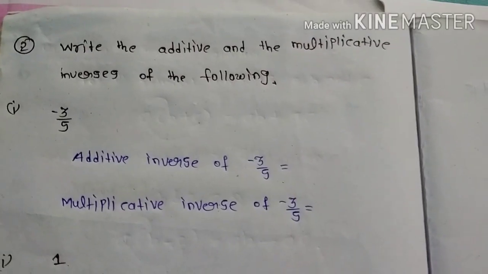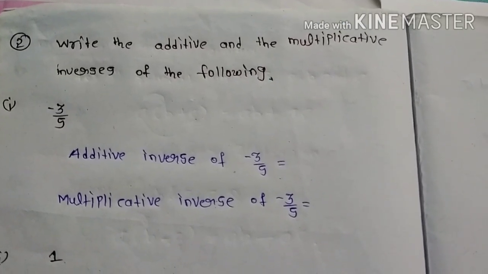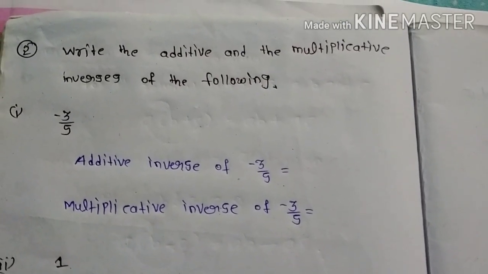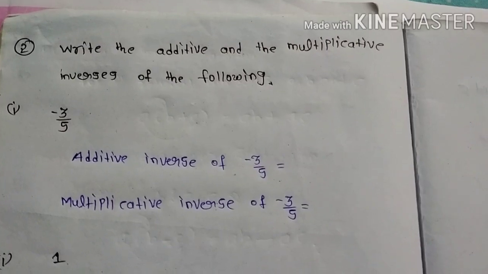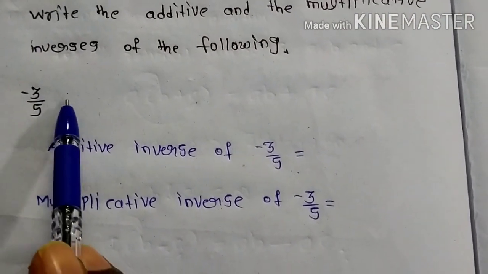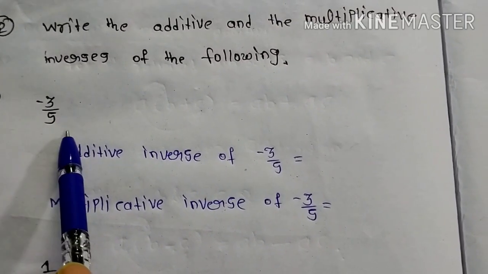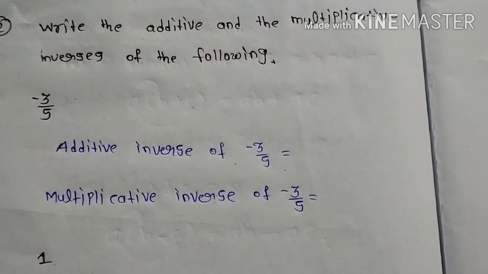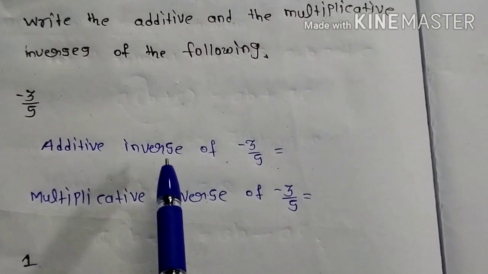Now you can see: write the additive and the multiplicative inverses of the following. First one, minus 3 by 5. How can you write the additive inverse?